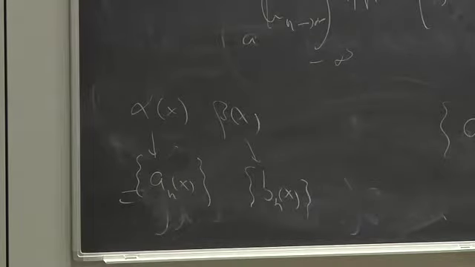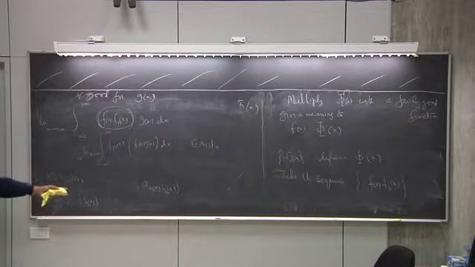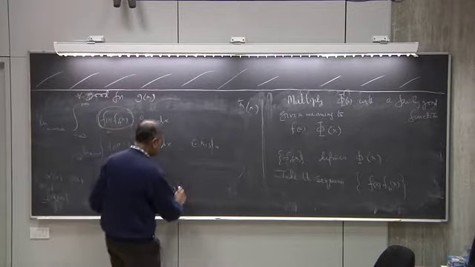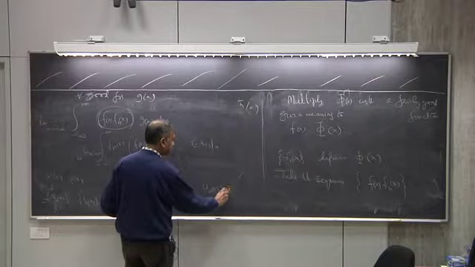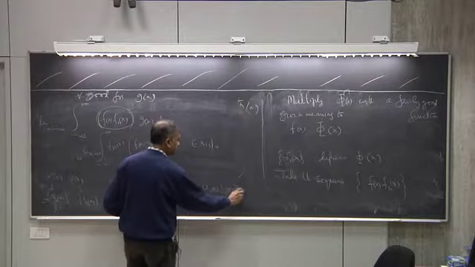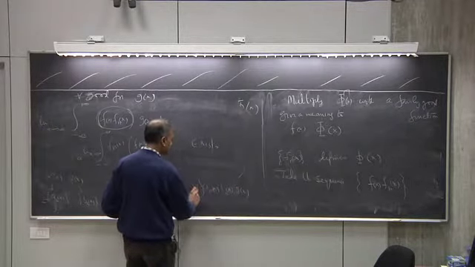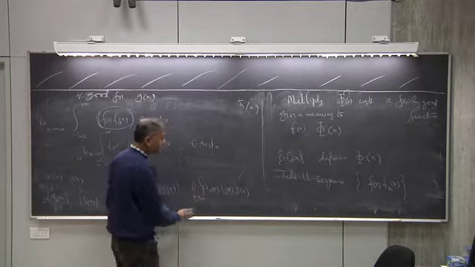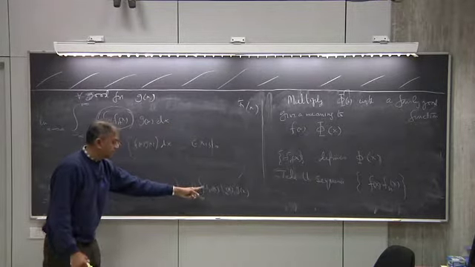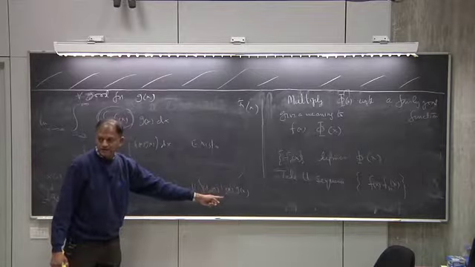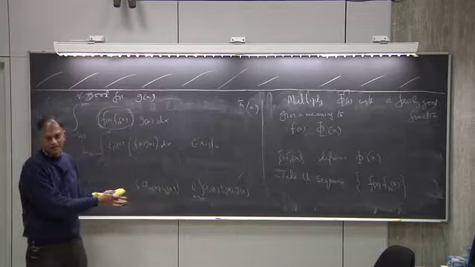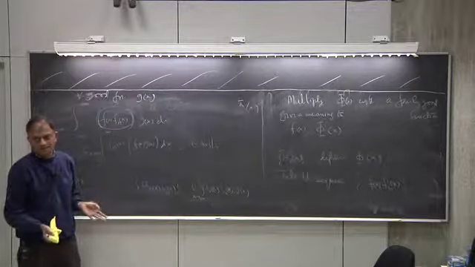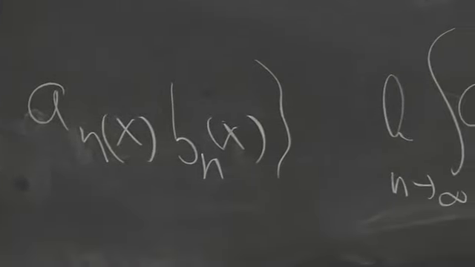But you cannot show anything, because you would have to show that the integral of a_n(x) b_n(x) g(x) has a limit. This is not guaranteed by the fact that the individual a_n and b_n have limits, but this product may not have a limit. So you cannot say anything about this product of generalized functions. It is simply not defined.